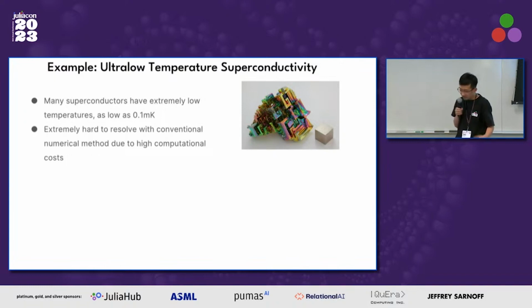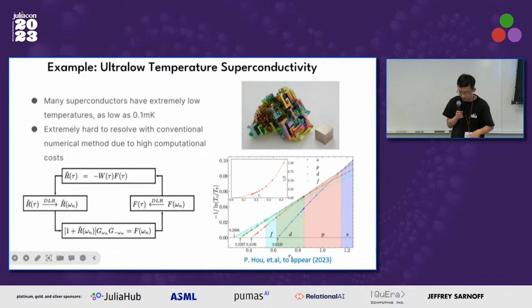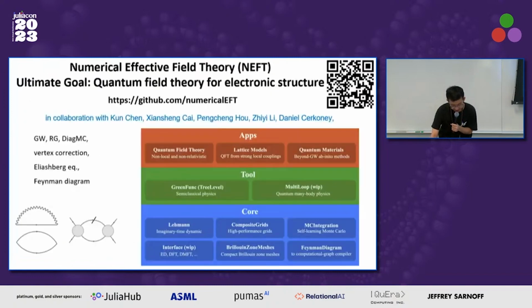It would be extremely hard to resolve with conventional numerical methods due to the high computational costs. However, with our packages, we were able to extract the superconducting phase diagram for the uniform electron gas with the lowest transition temperature Tc as 10 to minus 200 Kelvin.